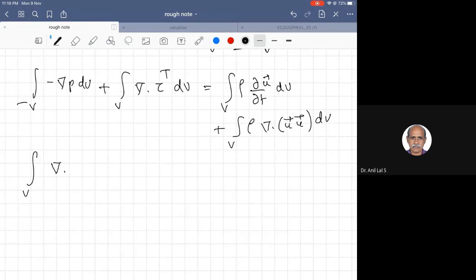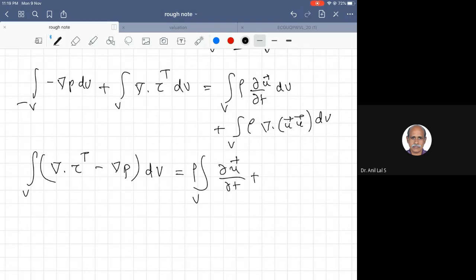So the integral of del dot tau minus del p dV is equal to the integral over the volume of rho, if rho can be taken outside, dou u by dou t plus del dot uu dV.